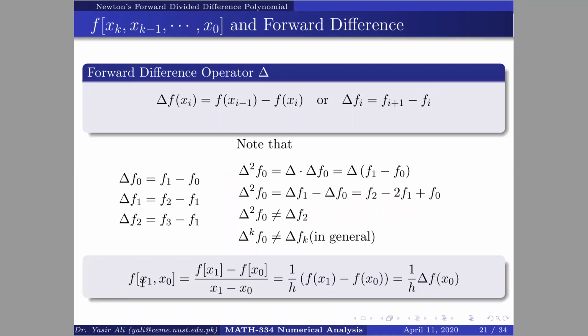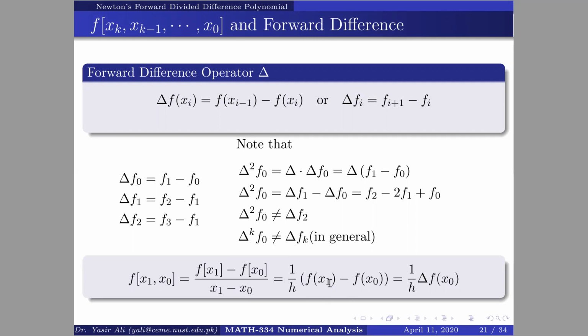So if I try to solve the divided difference, then I know that the formula is f of x1 minus f of x naught divided by x1 minus x naught. X1 minus x naught is simply h, because the data is equally spaced and the distance between the two points is h. So this is the first, or the zeroth order difference.